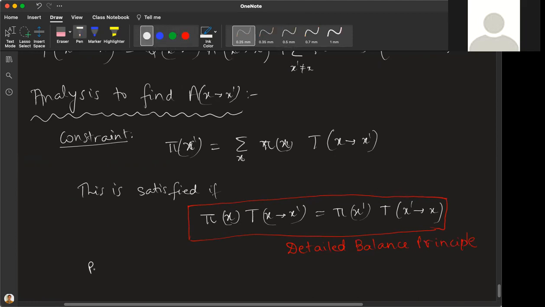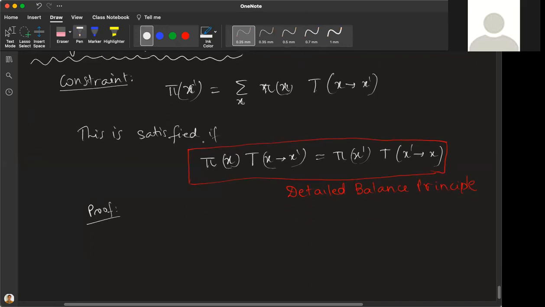So what is the proof? The proof is very simple. You want to prove that if I have this kind of constraint, then the other constraint is automatically satisfied. These two constraints are equivalent. So, okay, let us try to prove it. If this is given to you, does it imply this? Okay, let's start from the RHS of the constraint. It is summation over all x, pi x, T of x to x dash.